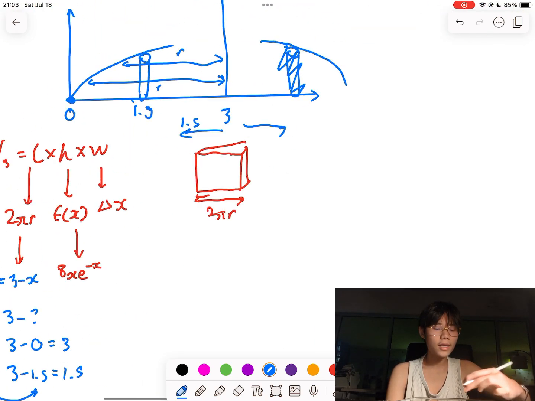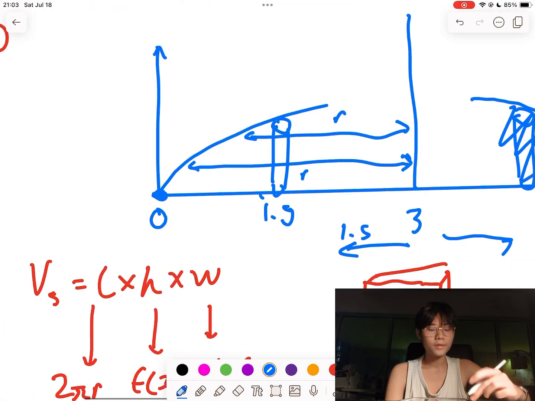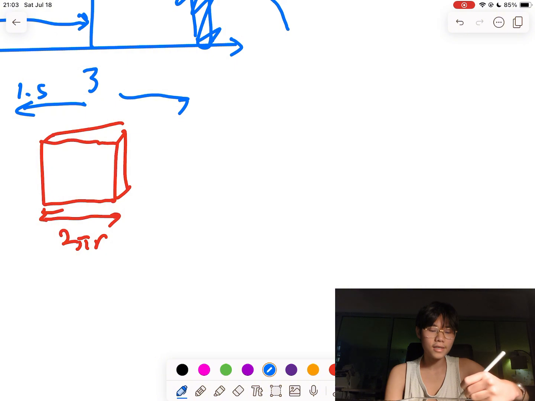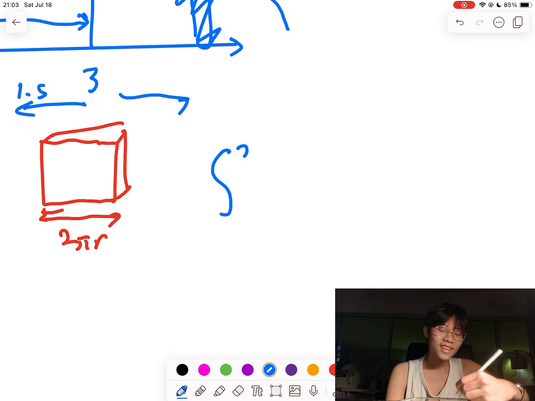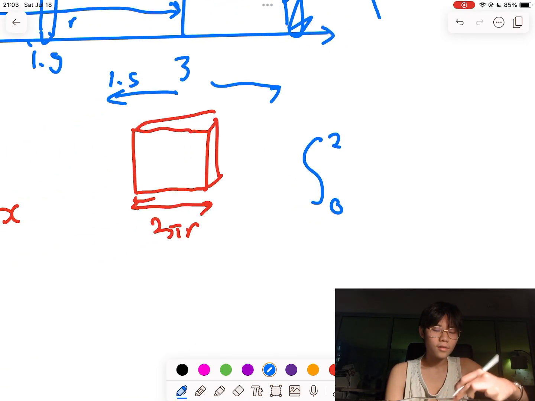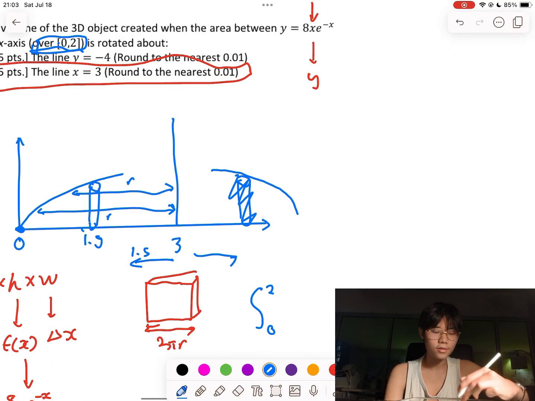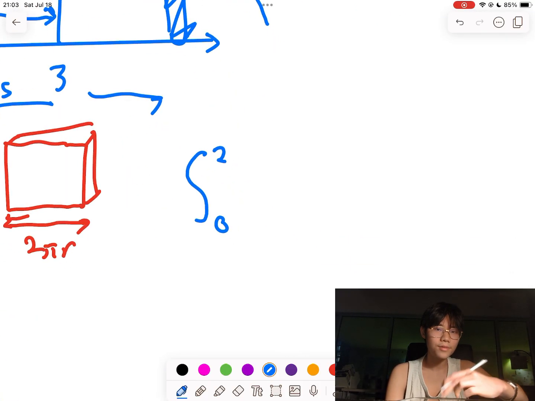With all this, now we have one slice. To find the volume of a 3D object, we need infinite slices. To get infinite slices, we need an integral. The integral goes from 0 to 2 because it says over 0 to 2, so 2 at the top, 0 at the bottom.